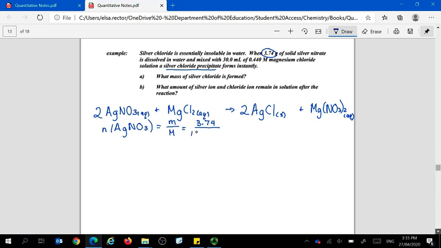Silver is 107.9, nitrogen is 14.01, and then we've got 3 oxygens. Sorry, it's a little bit messy. And we get 0.0220 moles to 3 significant figures.